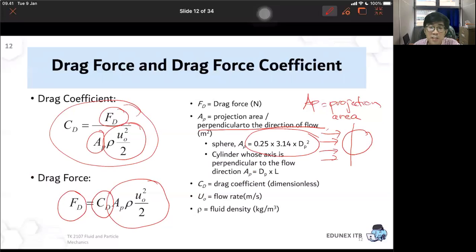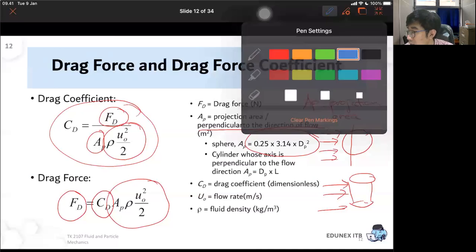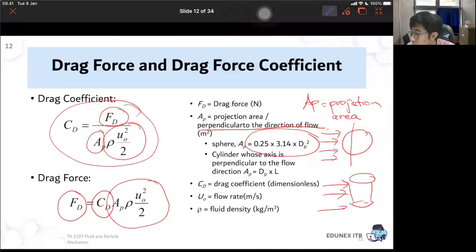If you have a cylinder in a vertical form and the flow is like this, the projection area becomes a rectangle: the diameter times the length of the cylinder.